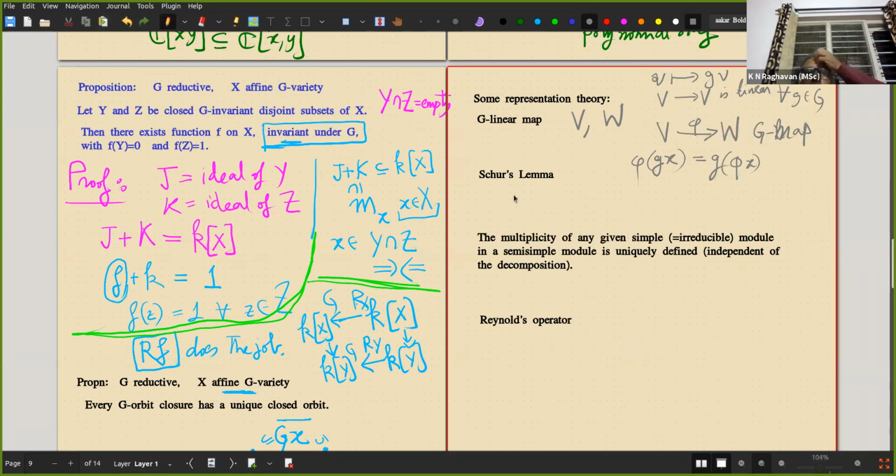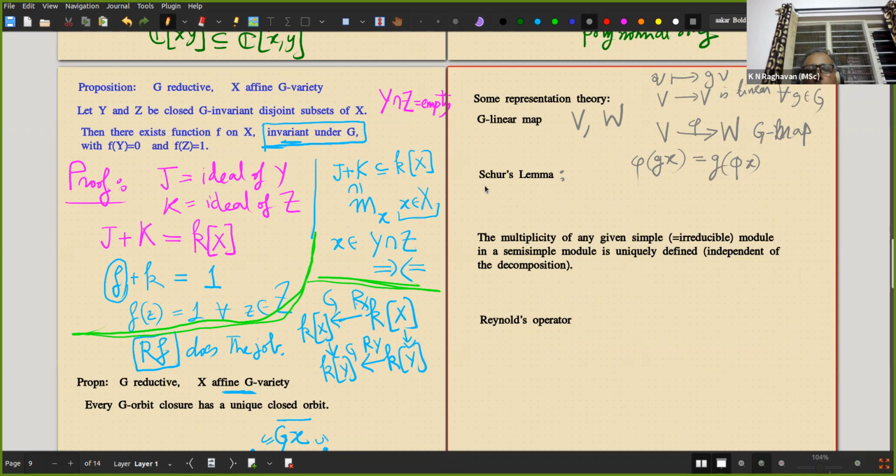And I guess this is just for form's sake. I guess all of us know what Schur's lemma is, but it's a very simple thing. It's almost an obvious statement, but it's very important.